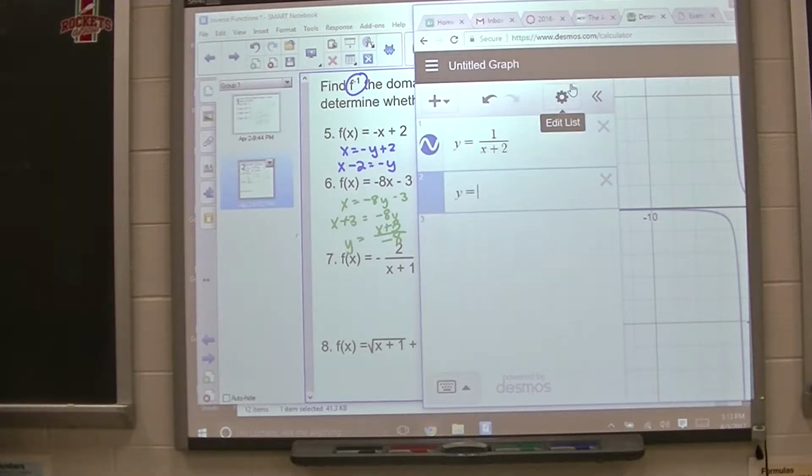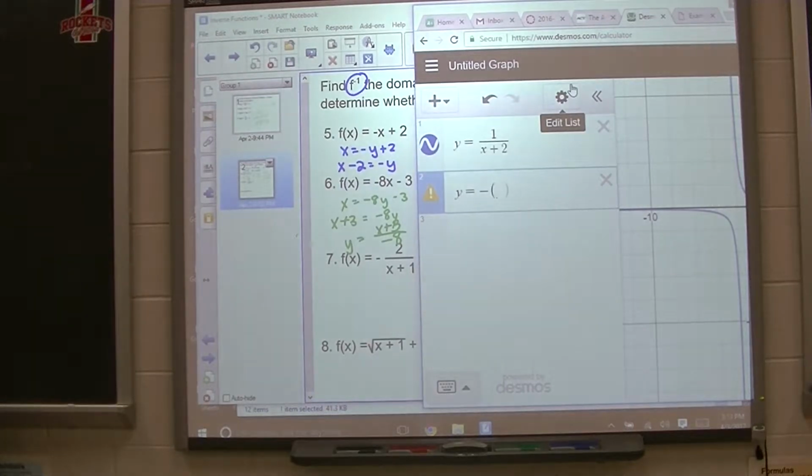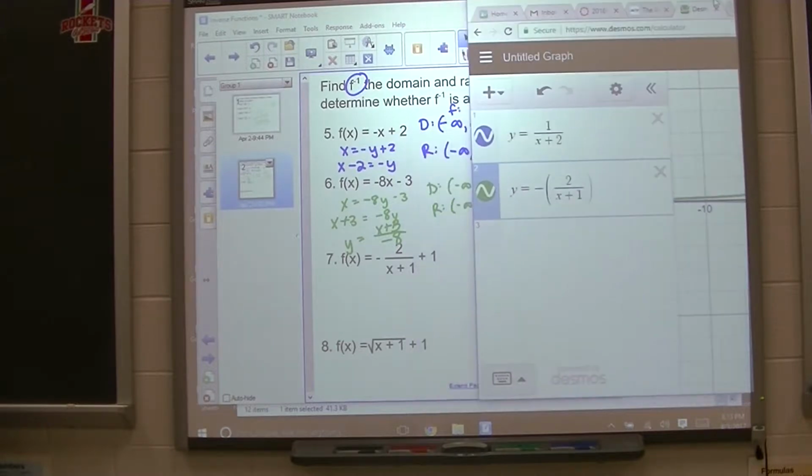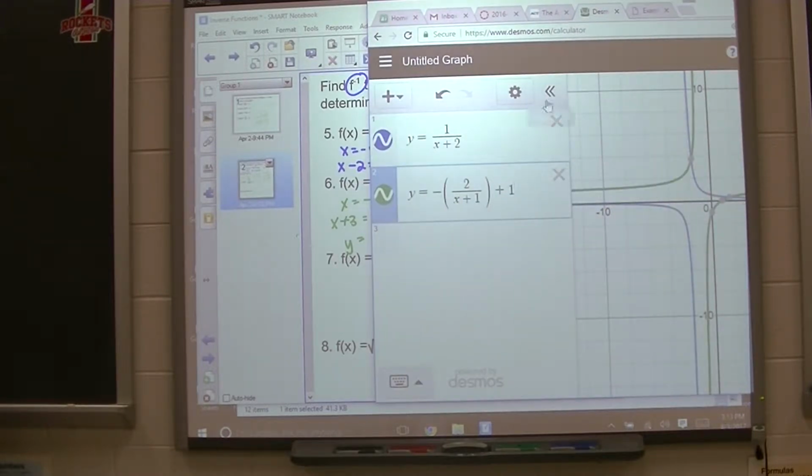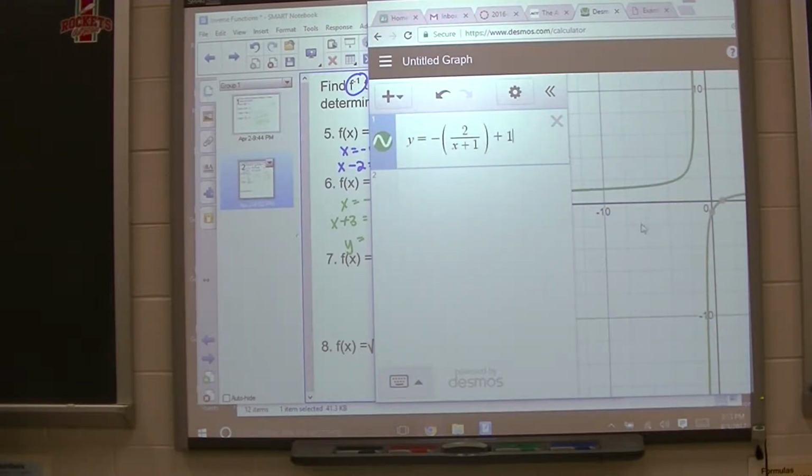So it's y equals negative, parentheses, 2 divided by x plus 1, close the parentheses, and then plus 1, right? Close that because I don't need that one and it's looking confusing.